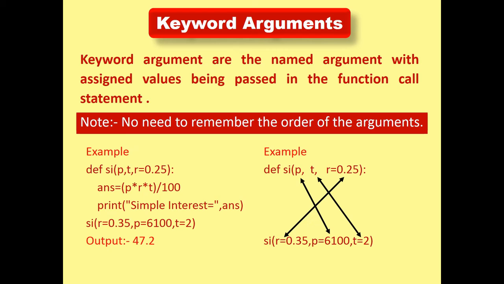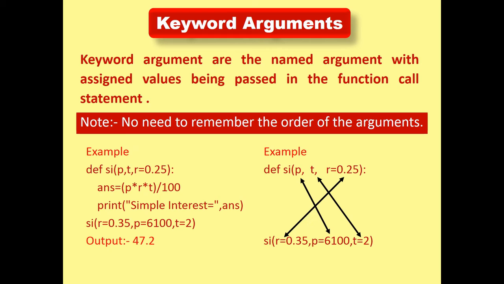But it never happens that r passes its value to p, p passes its value to t, and t passes its value to r. It's not correct, because in this kind of argument we use a keyword.